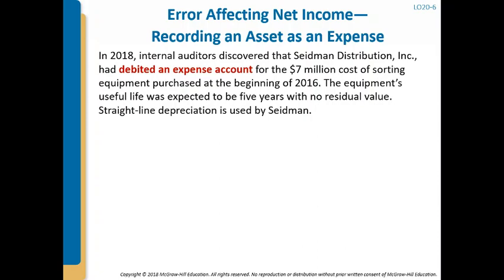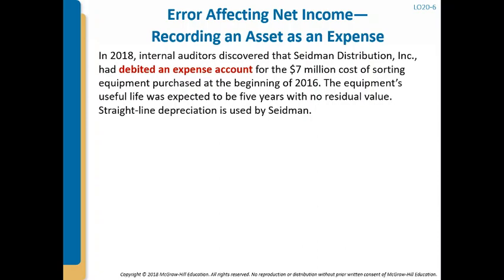All right, so here, internal auditors in 2018 discovered that this company had debited an expense account for $7 million cost of sorting equipment purchased at the beginning of 2016. The equipment's useful life was expected to be 5 years with no residual value.